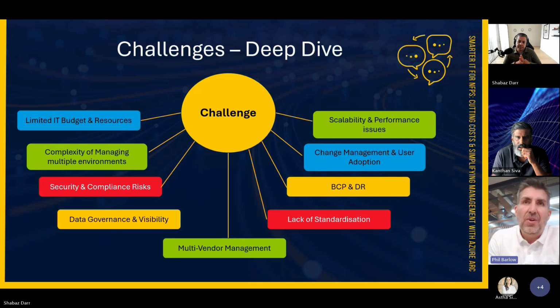So if I put security first and right at the top of the pedestal, there's no reason in my mind why we can't solve the security challenges for all nonprofits in Australia and New Zealand. And if we do that, then I look at the pull-through effect that has in terms of the efficiency of service, and it touches on many of the other points that you've got on the screen here.